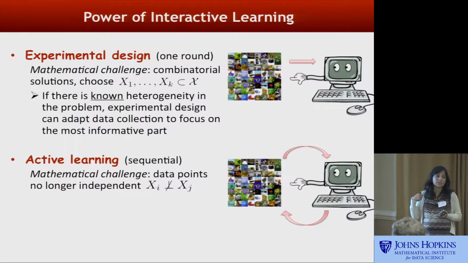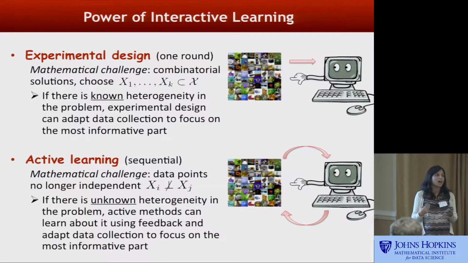So if that heterogeneity is known, then experimental design can actually adapt the data collection to focus on the most informative part. Okay? And if that heterogeneity is unknown, and I'll give some examples of that, but there is heterogeneity in your data, but you don't know the exact form of it, that's when sequential experimental design, also known as active learning, helps.